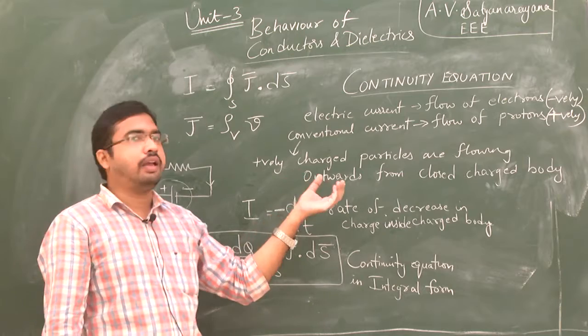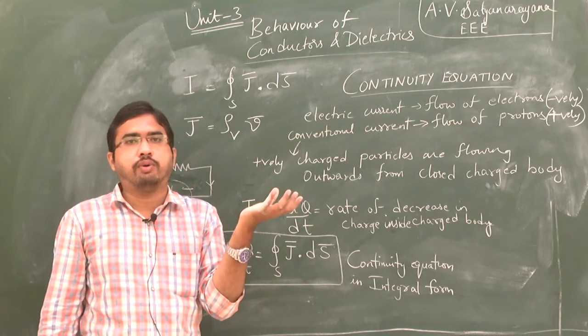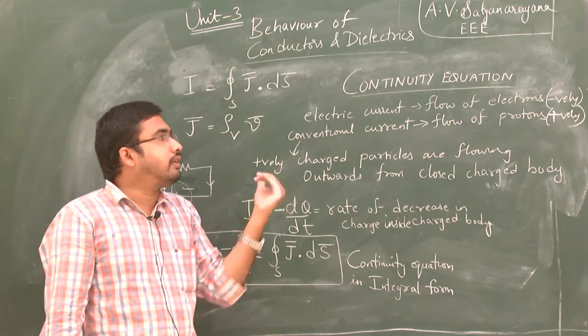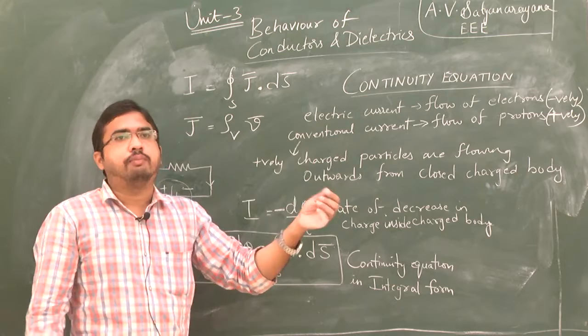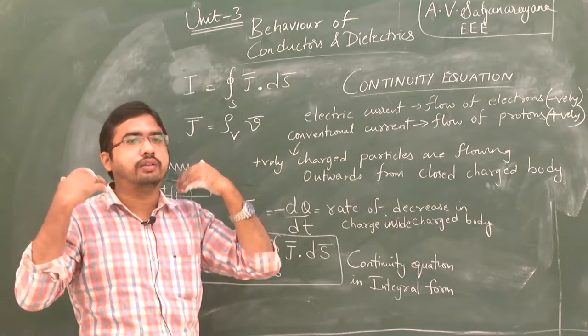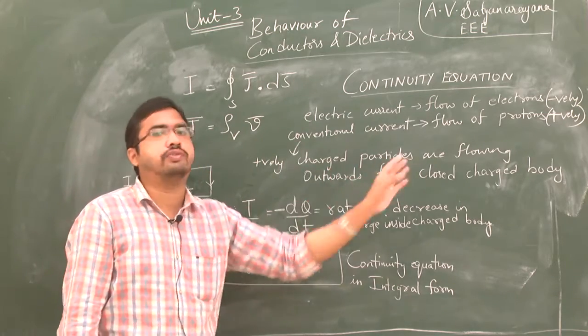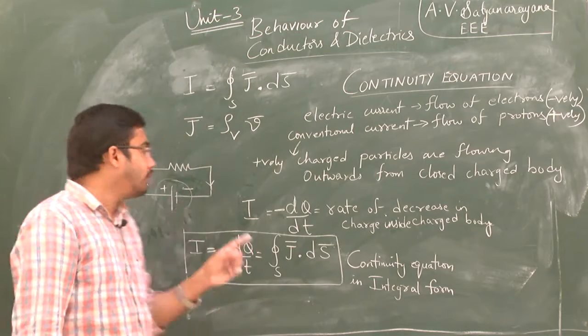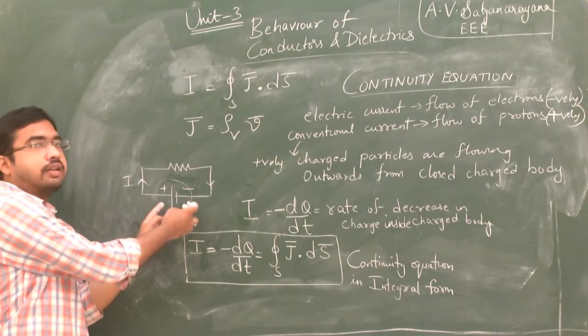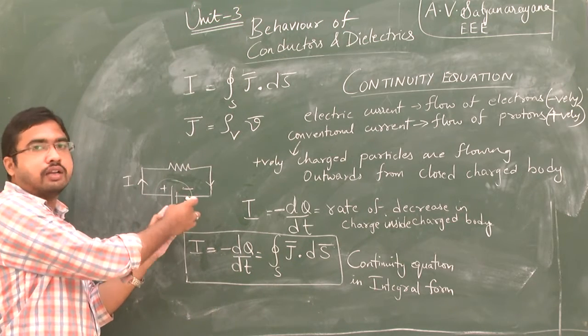If you consider a volume of the charged body, if it is giving conventional current, that means positively charged particles are flowing outwards. Positively charged particles are flowing outwards from the closed charged body. That means if there is a source, we can consider it as a volume of charged body.